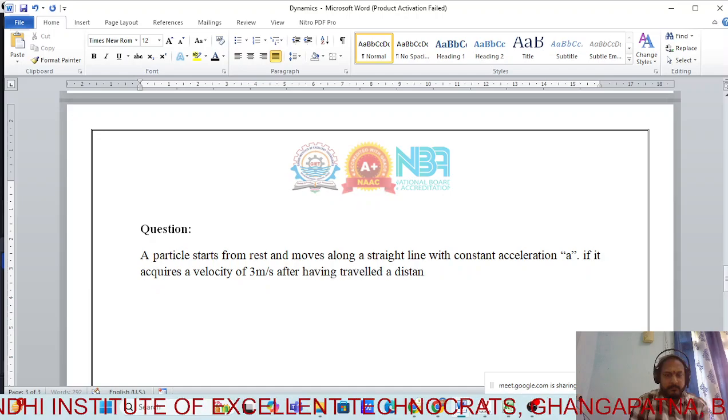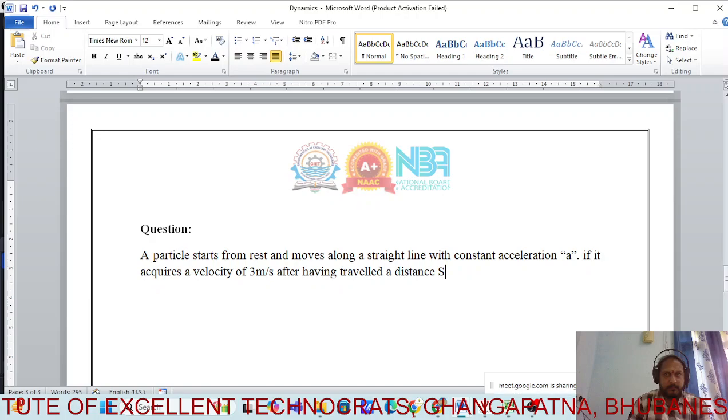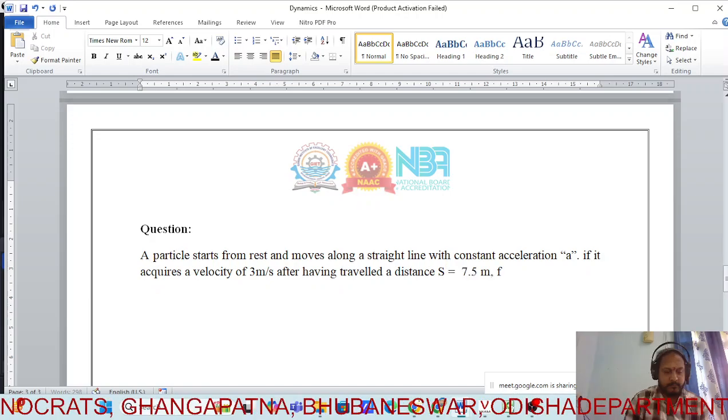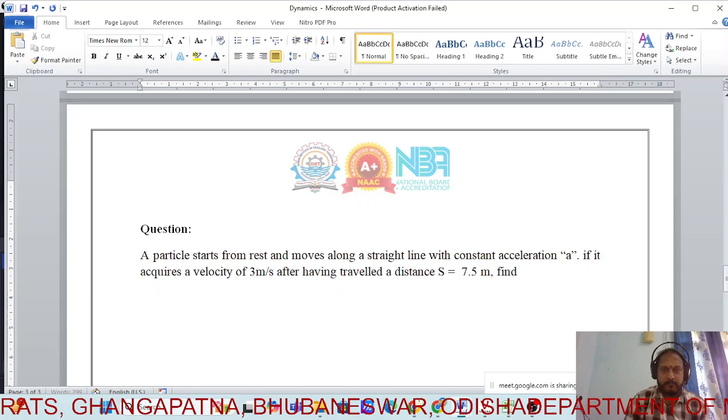If it acquires a velocity of 3 meters per second after having traveled a distance s equal to 7.5 meters, find the magnitude.